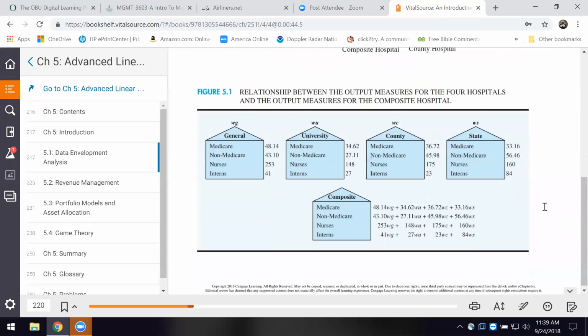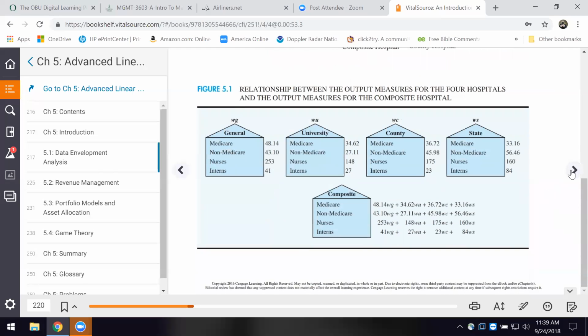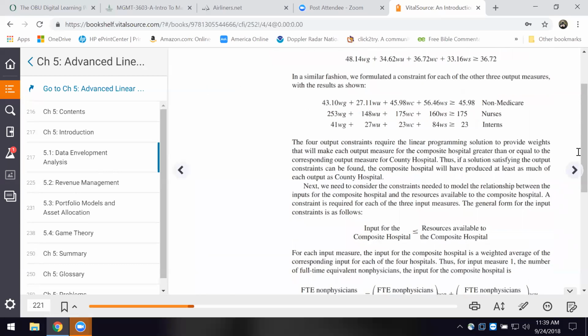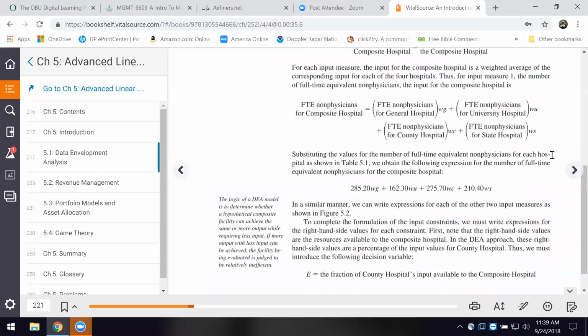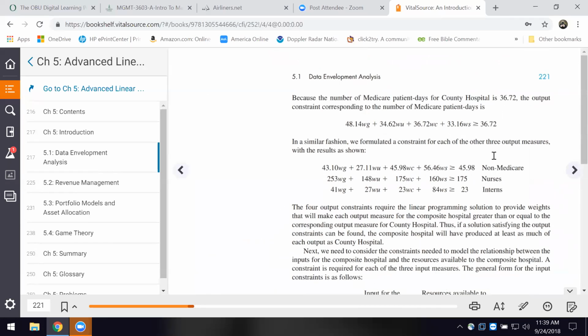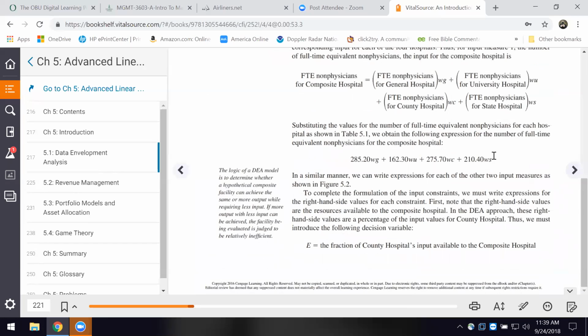Anyway, we build the composite here, and over on page 221 they walk you through the constraints for each of the other three output measures, and the rest of this just becomes a narrative that tells you how everything is built. Now, over on the far left side there in the italics, page 221, is some good wisdom about the DEA.